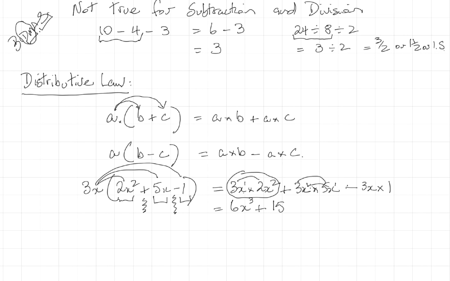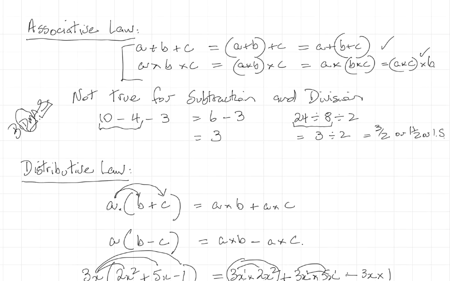By our laws of indices, you add the indices, 1 plus 1 is 2, so that's x to the power of 2. Bring the minus down, 3x times 1, anything times 1 is itself, so it's just 3x. So there is the distributive law.